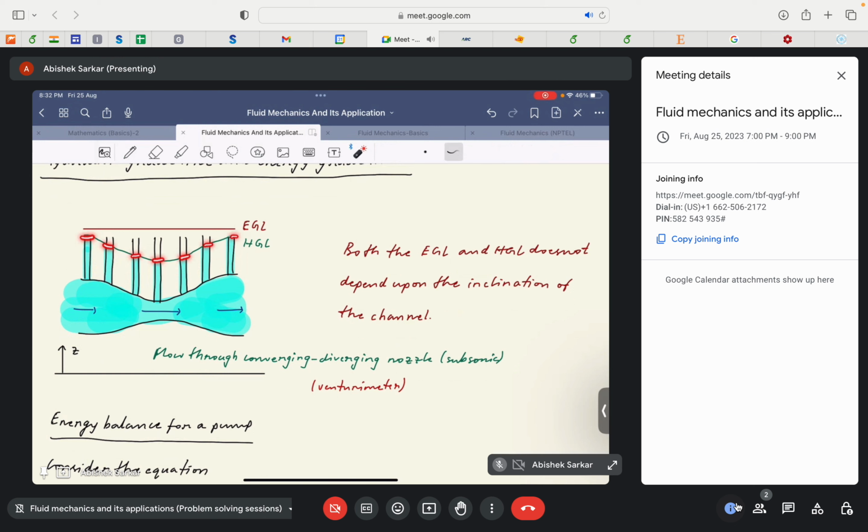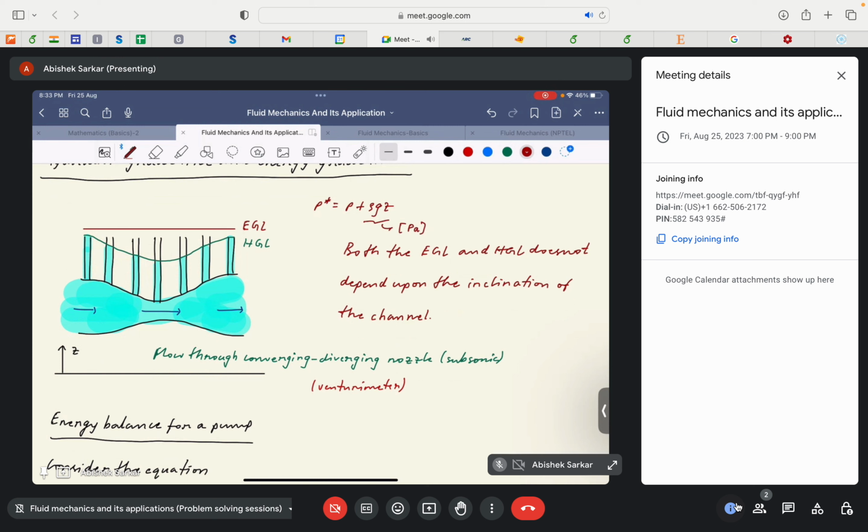So these liquid levels in the piezometers ideally represent the piezometric head. Okay, piezometric head in the sense that it considers both the pressure head as well as the potential head. So the piezometric head, I represent it as P star, which will be equal to P, the static pressure, plus rho g z. Again, you can see that this also has the dimension of pressure.